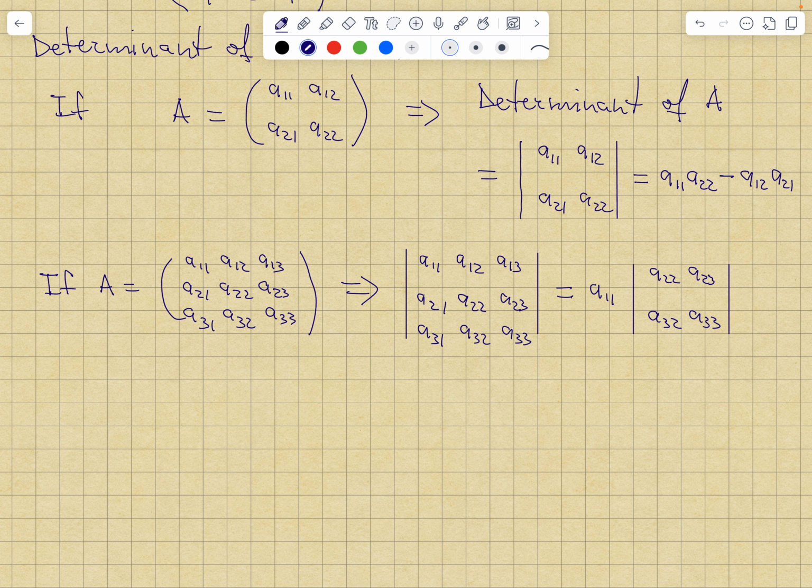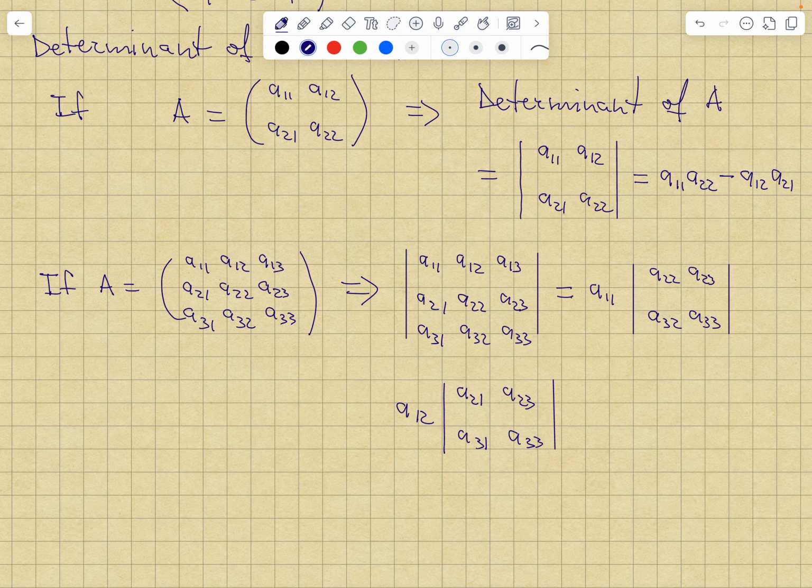So you now go to a component A12. You delete the column and the row that contain this component. This leaves a 2 by 2 matrix, A21, A23, A31, A33. And again, you take a product of A12 times the determinant of a remaining 2 by 2 matrix, A21, A23, A31, A33.